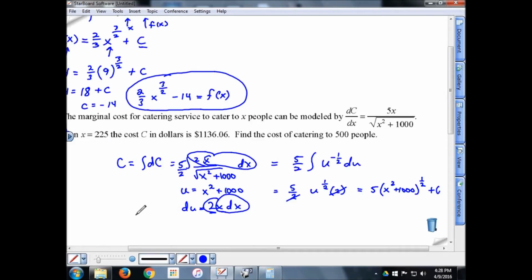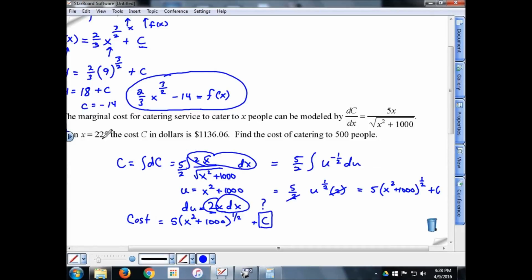So right now we have cost is equal to 5 times x squared plus 1,000 to the 1/2 plus c. C for the constant of integration. This is not c for cost. And that's what we need to try to find right now, is what is that constant of integration.